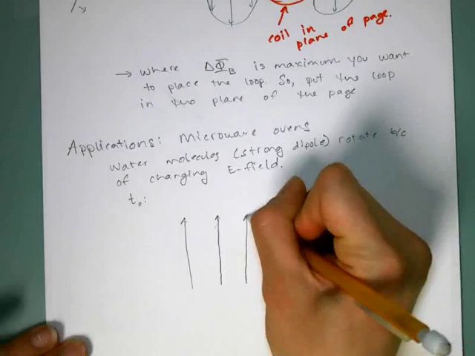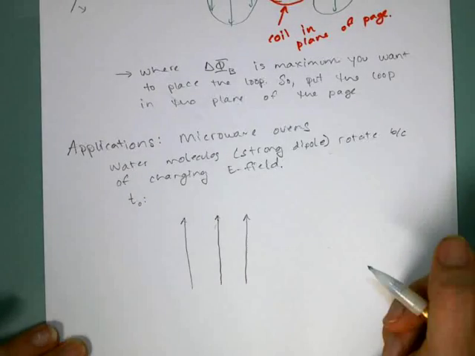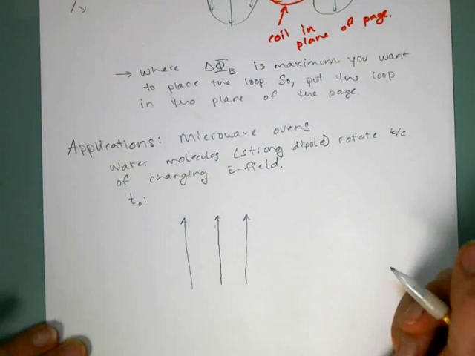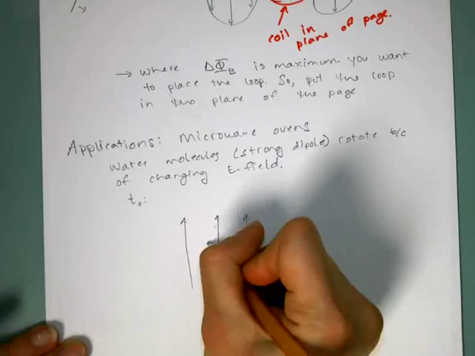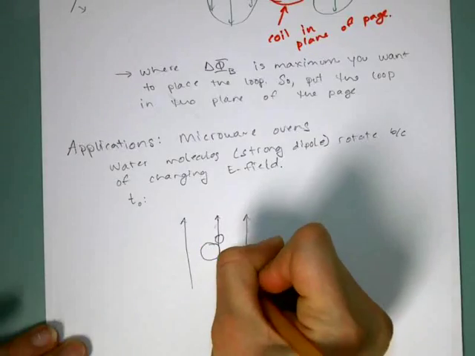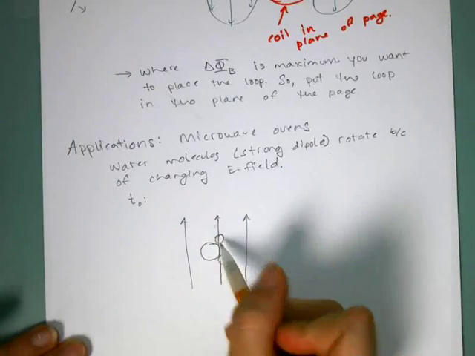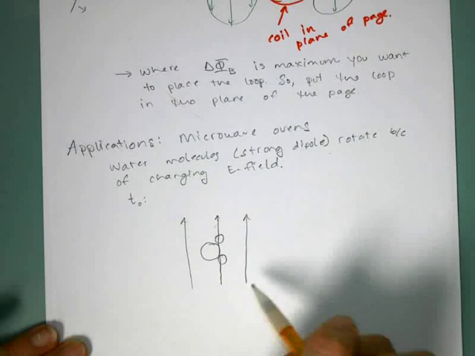So if I imagine some time here where the electric field is flipping on the time scale of gigahertz, because that is the time scale of microwaves. So microwave ovens actually do use microwave radiation.